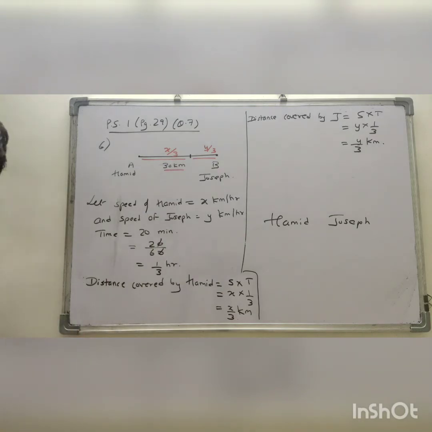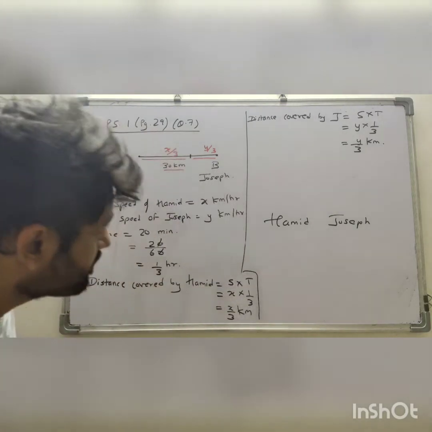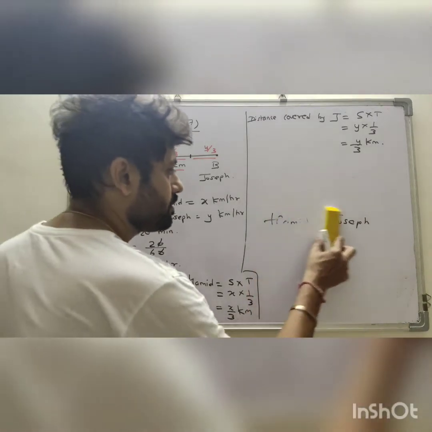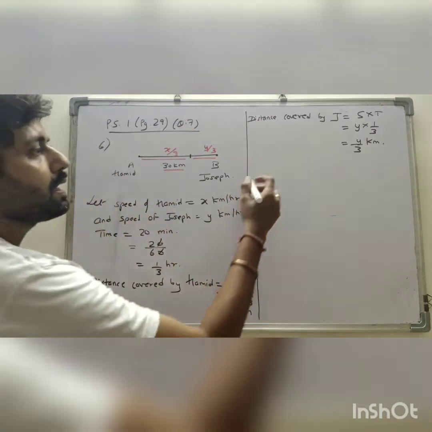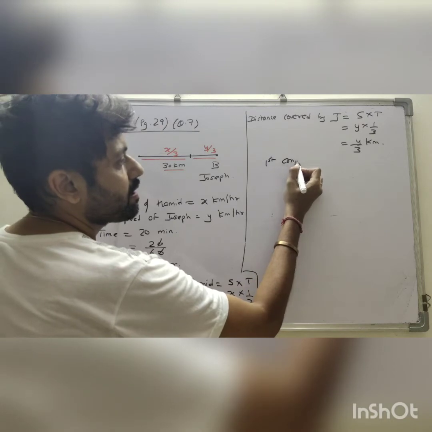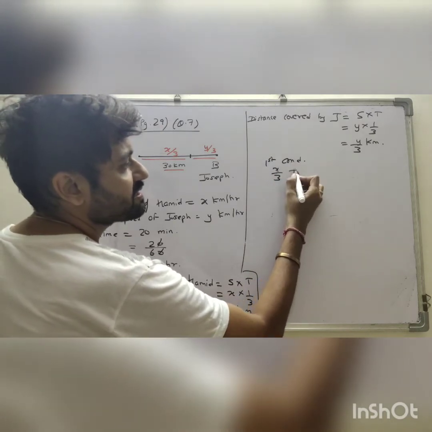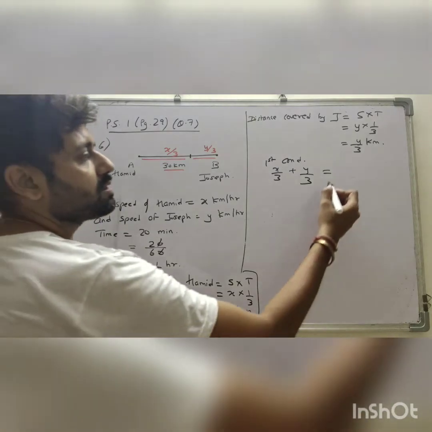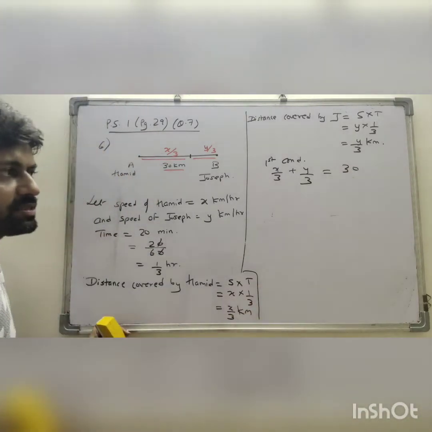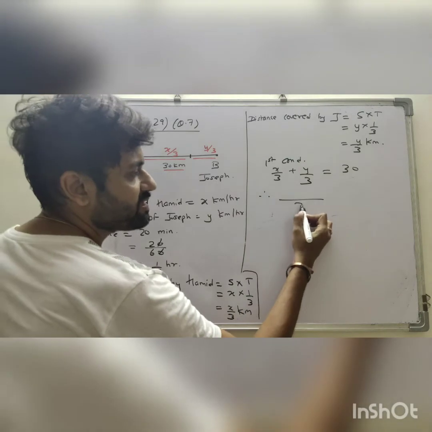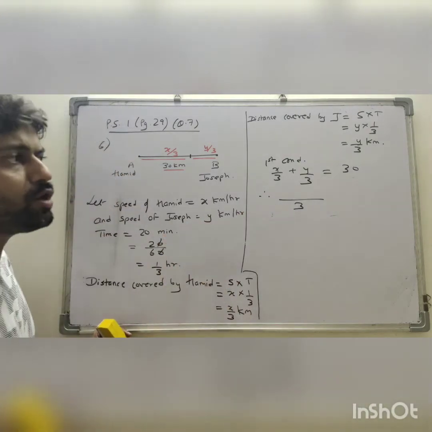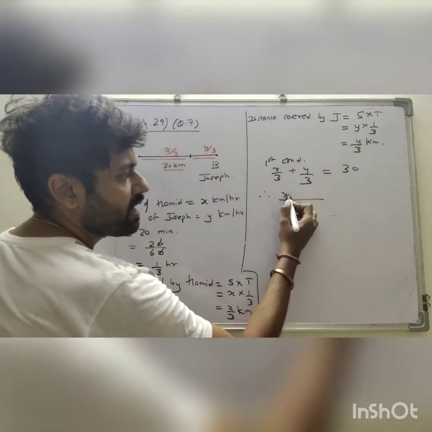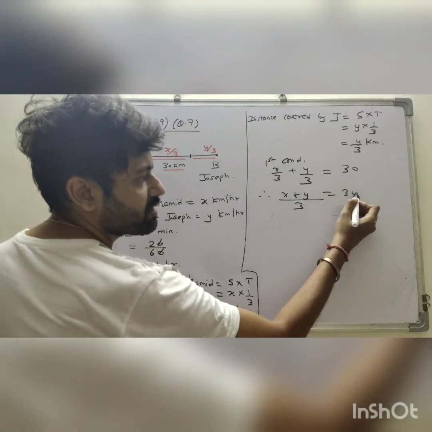So according to the first condition, their total distance is equal to 30 kilometers. Denominators are same, addition is possible, no cross multiplication. x plus y is equal to 30.